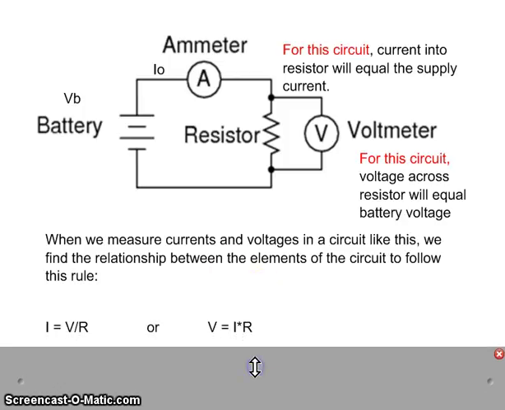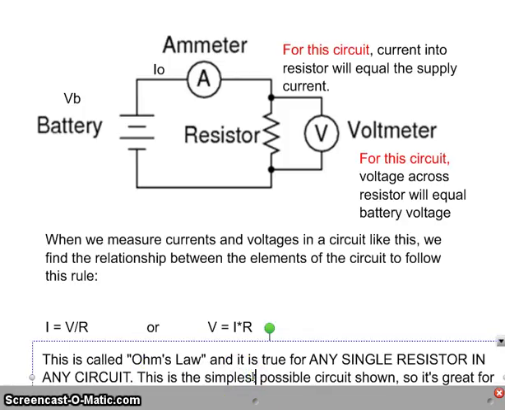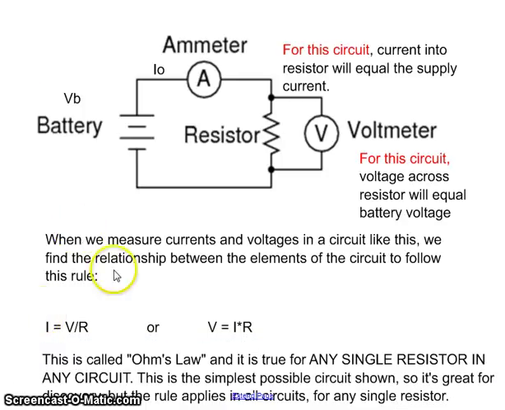That rule, you might see it expressed as current is equal to voltage over resistance, or voltage is equal to current times resistance. This is known as Ohm's law, and it's true for all individual resistors in any circuit anywhere. It is the sort of universal rule that one will find for any resistor.